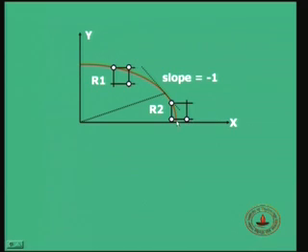That is because the slope here is more than 1. So we have two regions R1 and R2, and we have to have two different conditions for the choice of the next pixel based on Bresenham's algorithm.